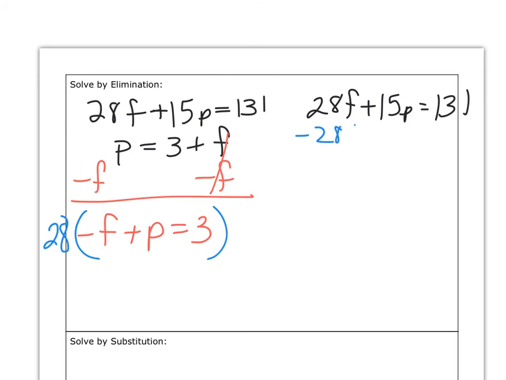Negative 28F. Beautiful. And 28 times P, negative times positive is going to be negative, so we have negative 28P. Equals, and then what's 28 times 3? 84?